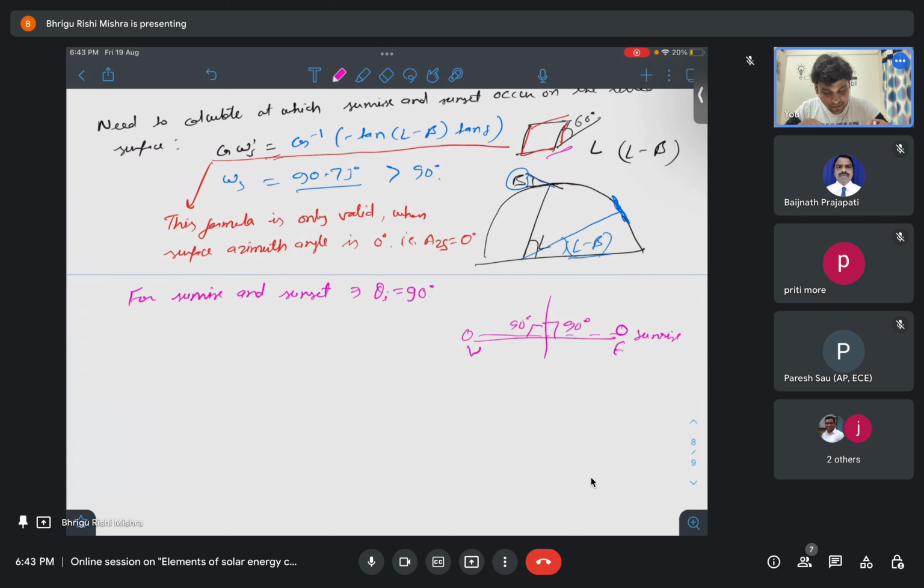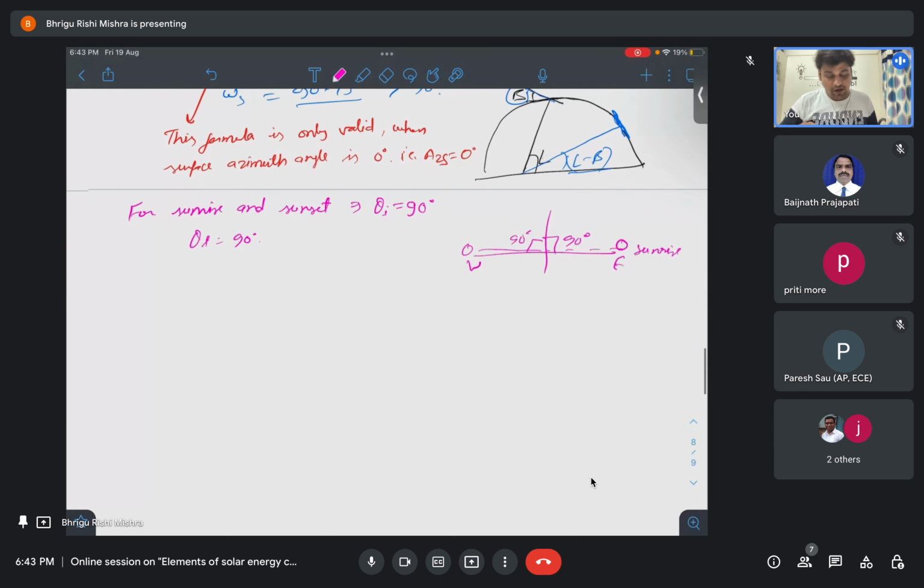That means the incident ray coming to this surface makes an angle of 90 degrees with the normal to this surface. So when theta t equals 90 degrees, that is the time when the sunrise or sunset is occurring for this tilted plane.